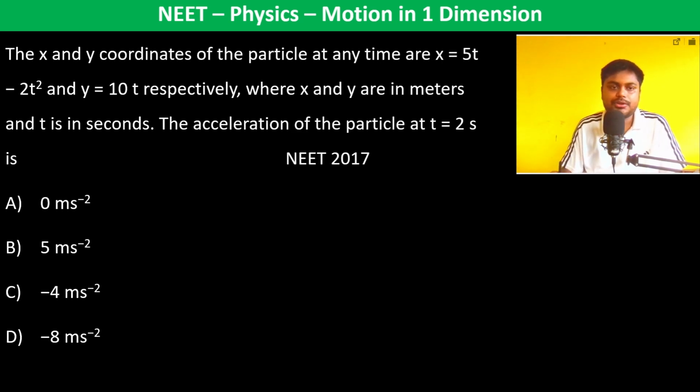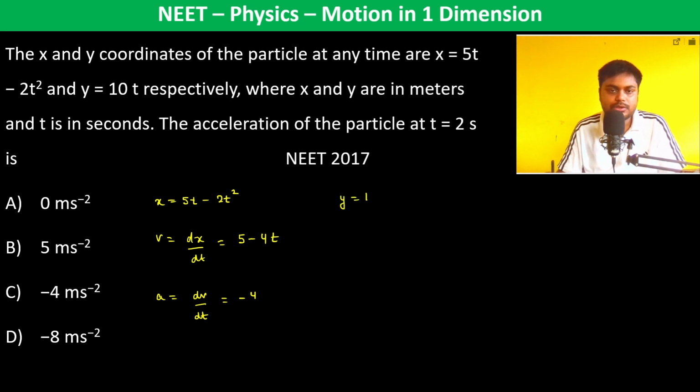X and y coordinates. So x is equal to 5t minus 2t square. So therefore dx by dt, which is velocity, is equal to 5 minus 4t, and acceleration, which is equal to dv by dt, is equal to minus 4.